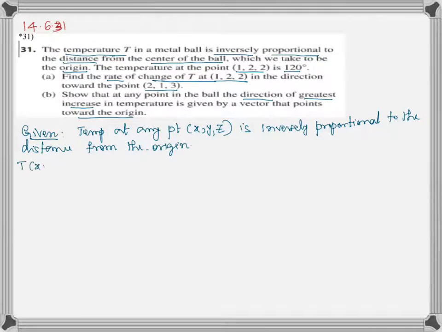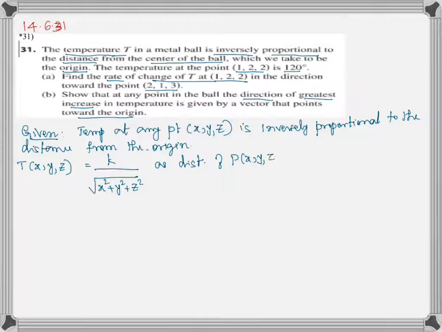So we can write T of x, y, z, or temperature at any point x, y, z, as k divided by the square root of x squared plus y squared plus z squared. Because it's inversely proportional, the constant of variation goes in the numerator. The denominator is the distance of the point from the origin.